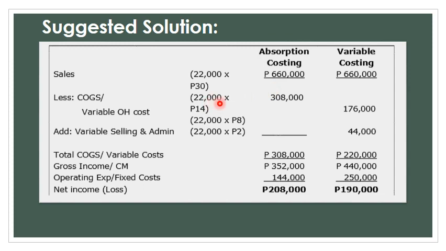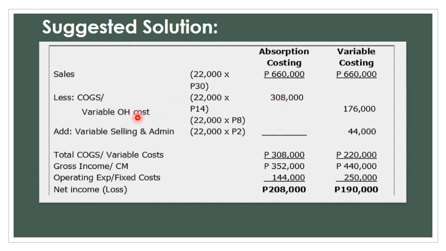So, 22,000 times sa 14 pesos. Saan po galing yung 14 pesos? Yung product cost under absorption costing. 8 pesos na variable cost plus 6 pesos na fixed manufacturing overhead per unit. So, 14 pesos. So, the total cost of goods sold is 308,000.